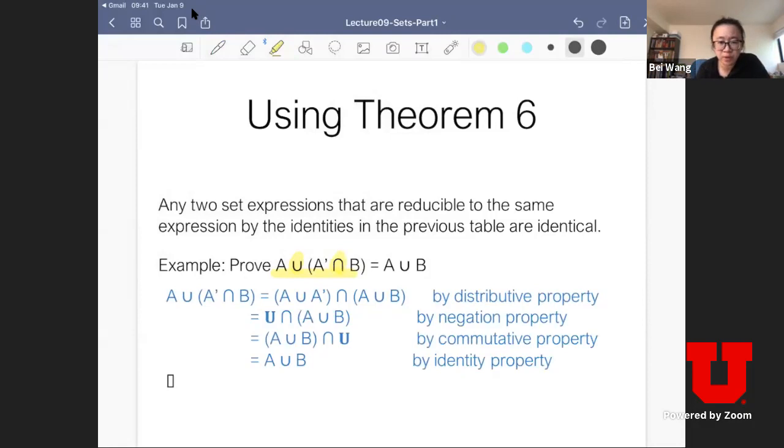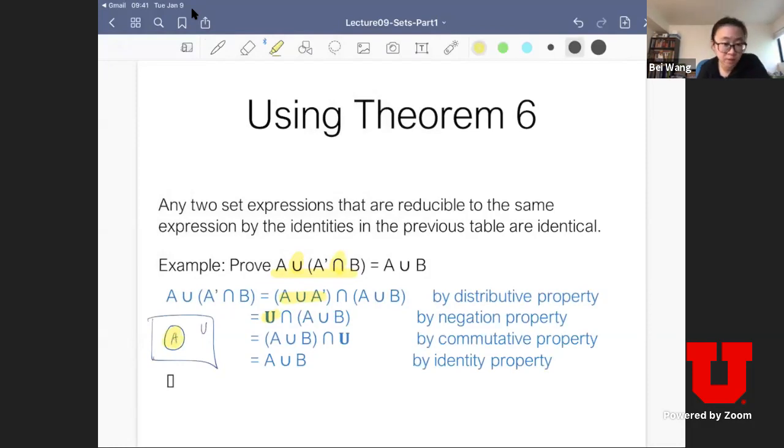Pretty much afterwards, it seems to be pretty straightforward because the next step you see is A union A complement. This is using the negation property. A union A complement is the entire space, because if this is A and this is the universal set, everything inside A is in yellow.